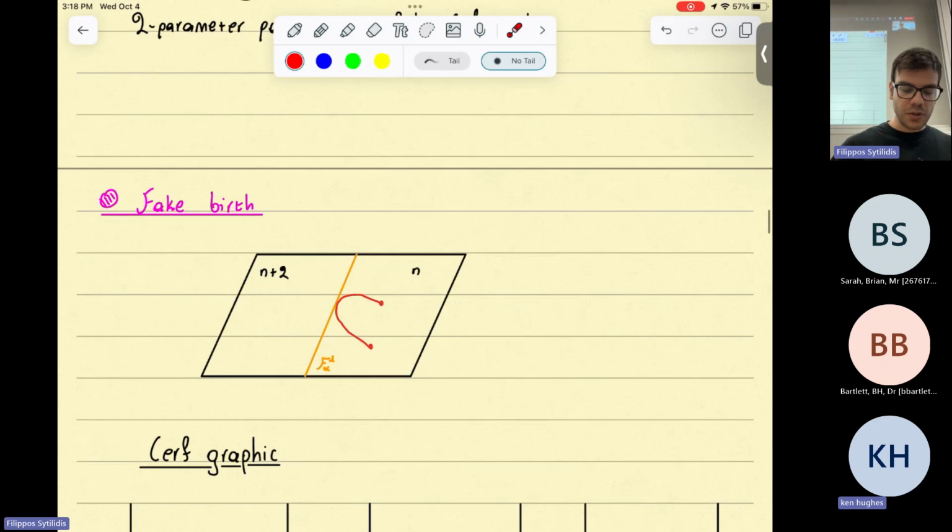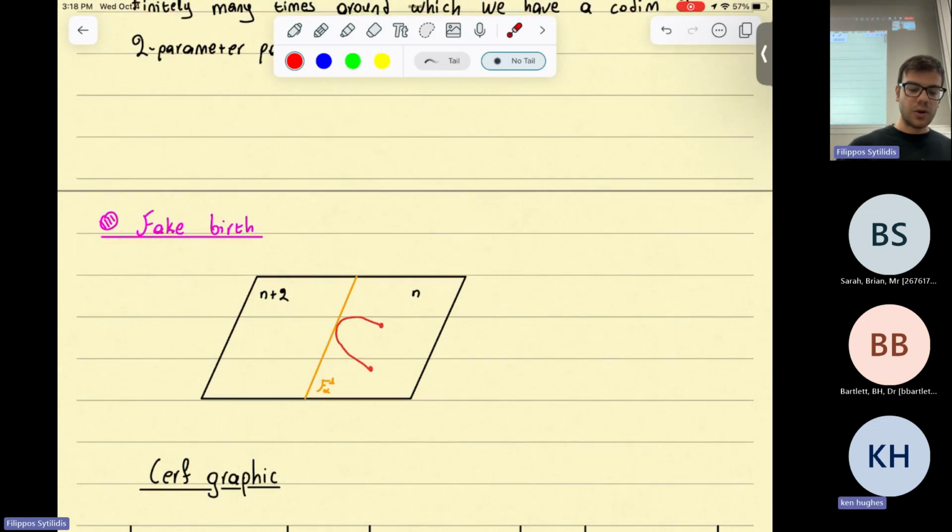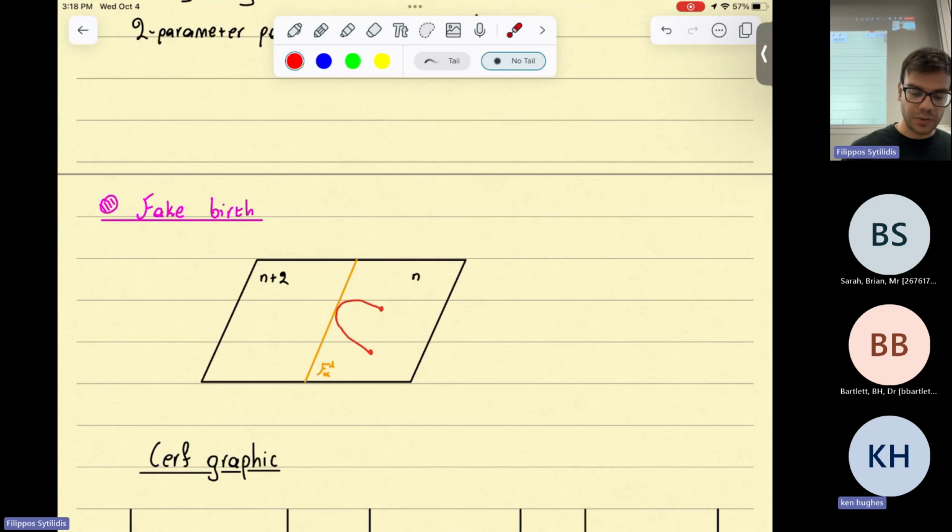So this is an example of something that we excluded as a Cerf path. It's a path of functions. Here again, this is my f of w, and here I have this path of functions.